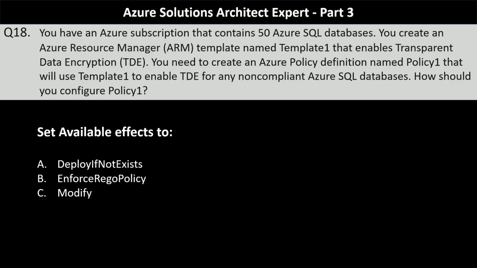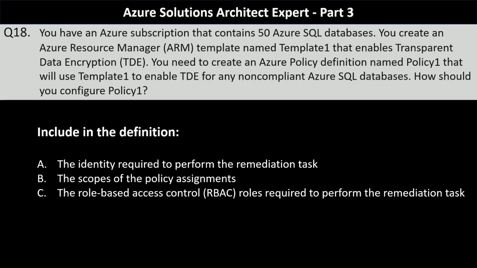Now, there are different parts of this question. The first one is set available effects to. Your options are deploy if not exists, enforce, Rego policy, modify. Folks, you will need to set available effects to deploy if not exists. A deploy if not exists policy definition executes a template deployment when the condition is met.